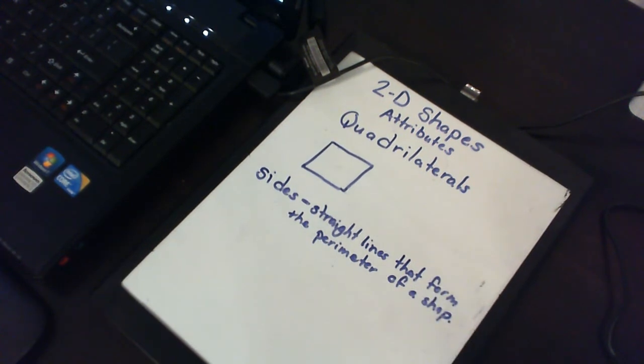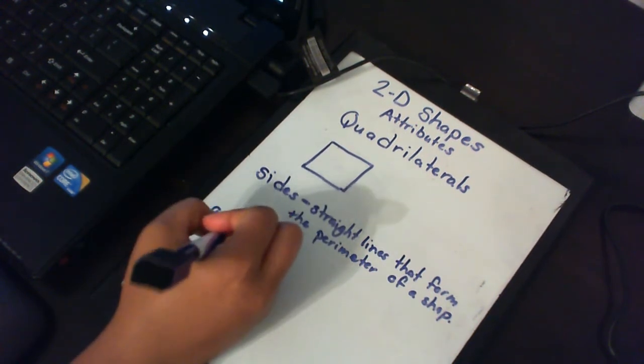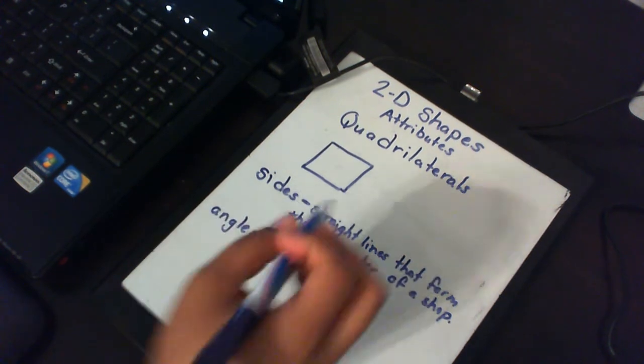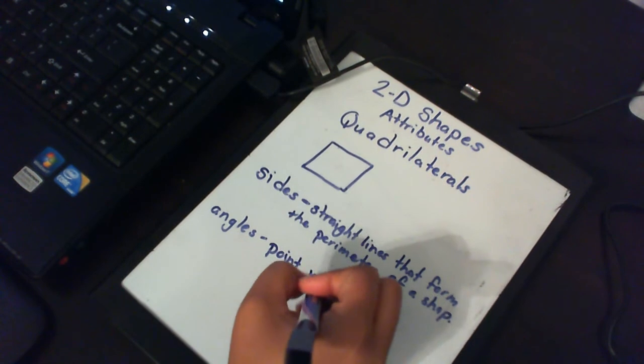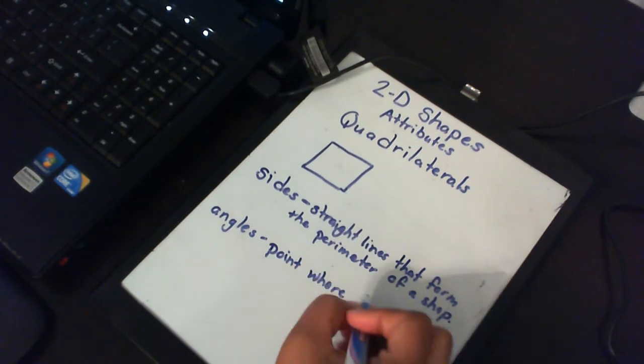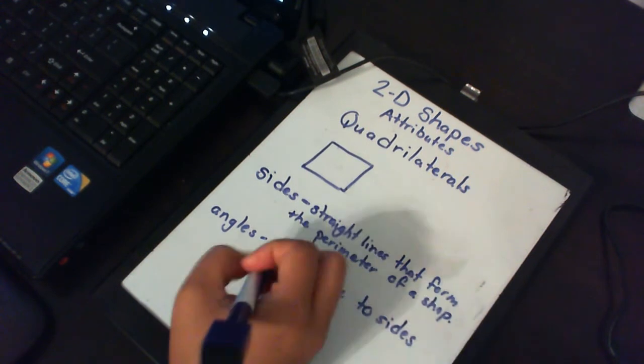So then the next word are angles. And the angles are the points where two sides meet.